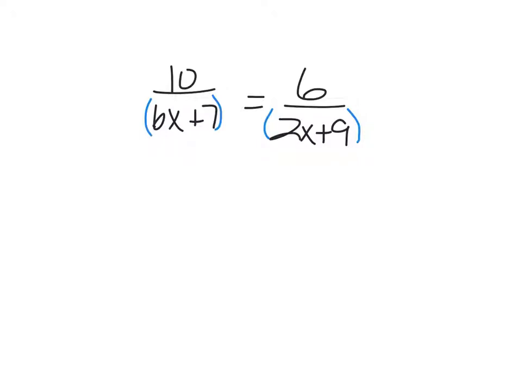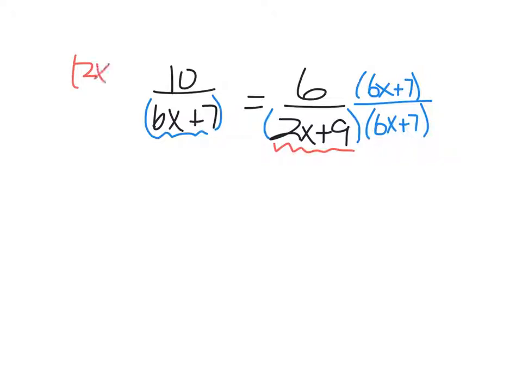So what I see is that this first one has a 6x plus 7, but the right side doesn't, so I'm going to multiply by 6x plus 7 over 6x plus 7. Remember, that's just a fancy 1. Then I have 2x plus 9 on the right side, so I need to multiply by 2x plus 9 over 2x plus 9. The key thing for when I'm solving is once I have this common denominator, I can focus just on these numerators.